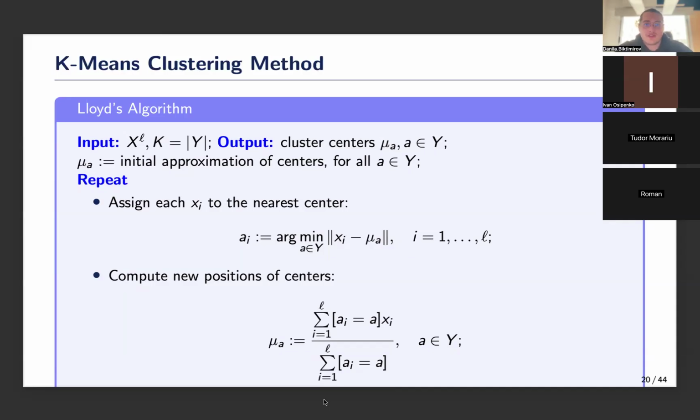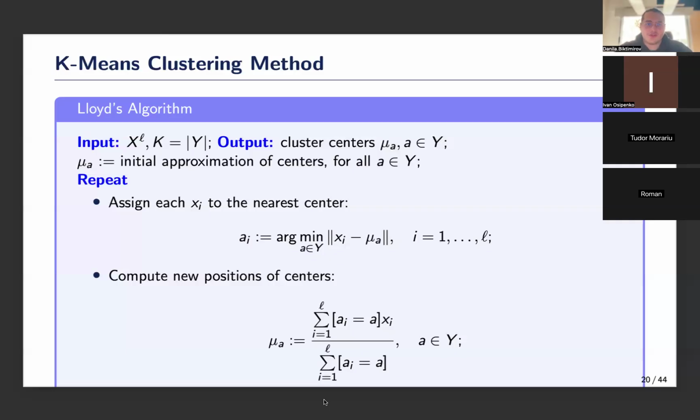Once we update the cluster centers, the objects are reassigned to the clusters, and then we recalculate the centers again. This process continues until the cluster centers stop changing. So we just take new centers, recalculate, get new centers, recalculate, and so on.